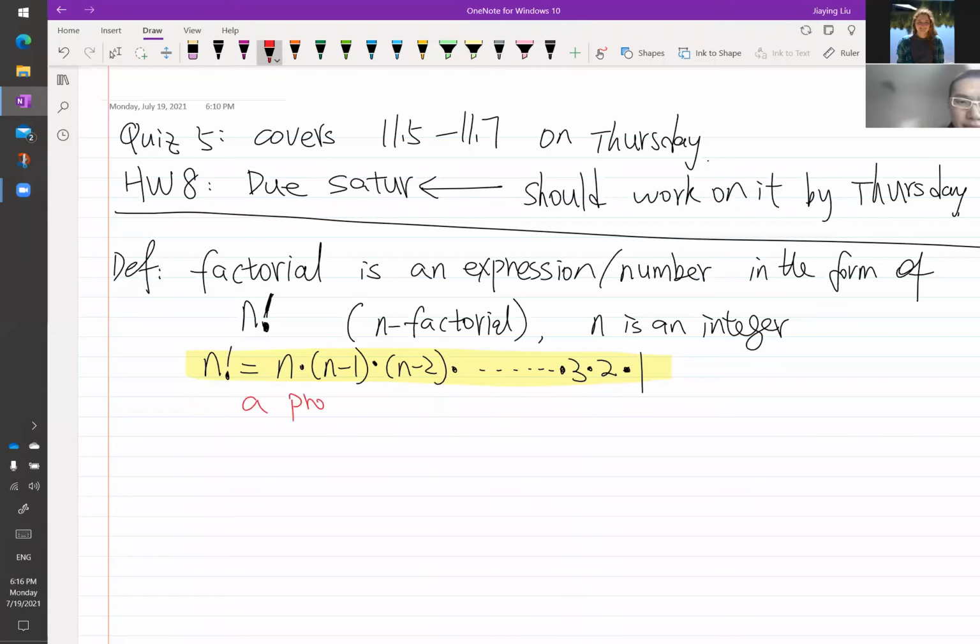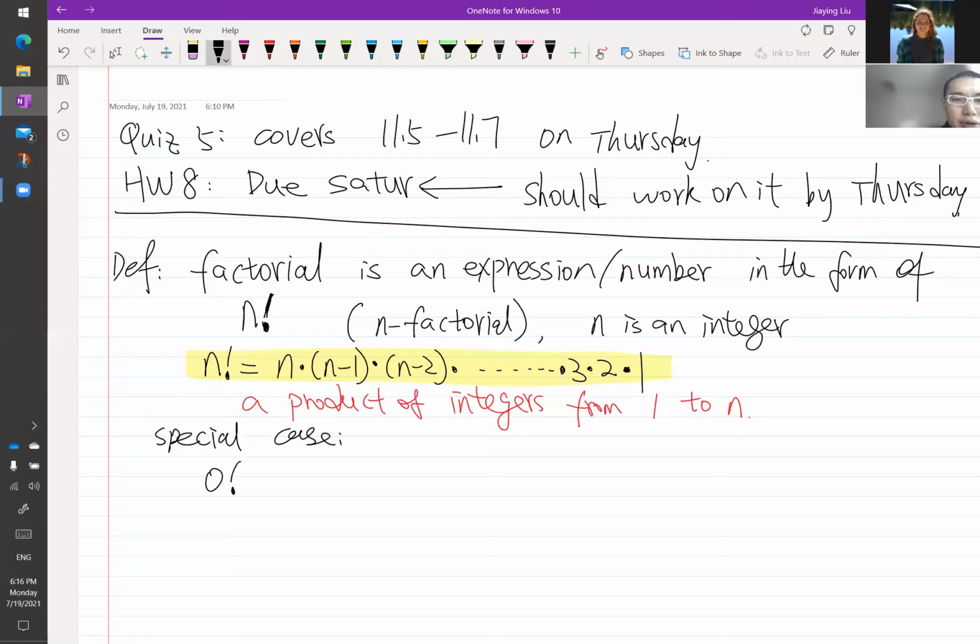A product of integers from 1 to n, or n to 1. So that's what n factorial is. Now here's a special case: zero factorial.